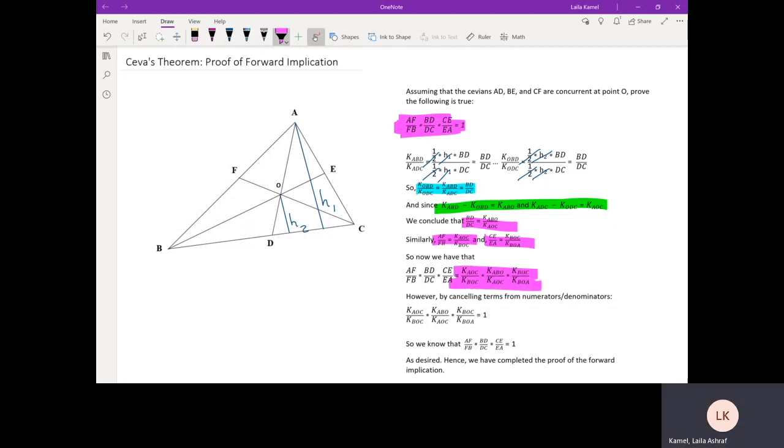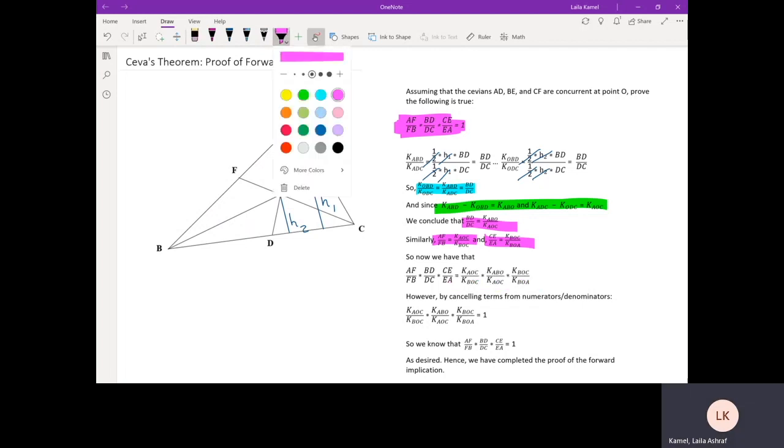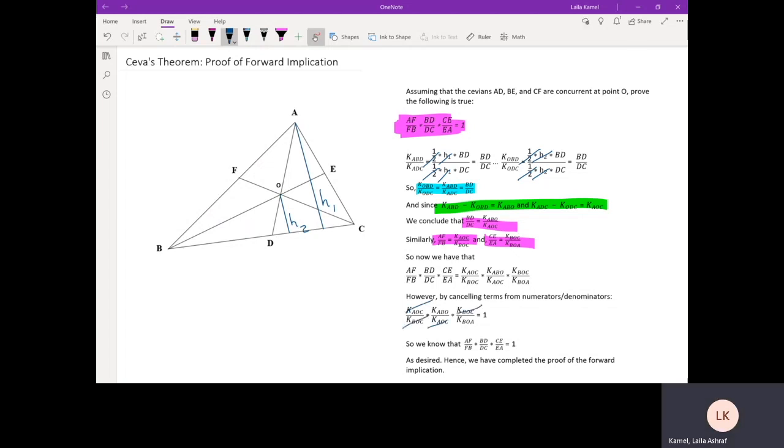But you'll notice there are repeats in the numerators and denominators, so things cancel. For example, the area of triangle AOC cancels from the numerator and denominator here. Similarly for the area of triangle BOC here and here, and the area of triangle ABO here and here. So we end up getting that this whole thing is equal to 1, and that is what we are trying to prove in this forward implication, as desired.